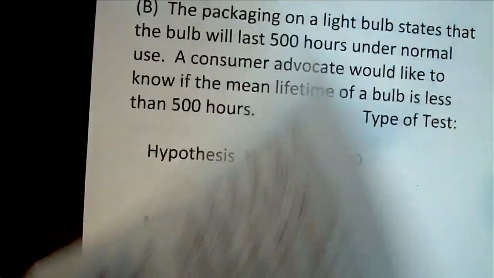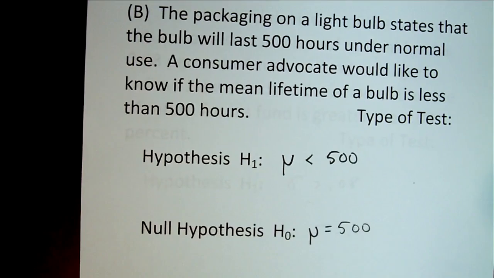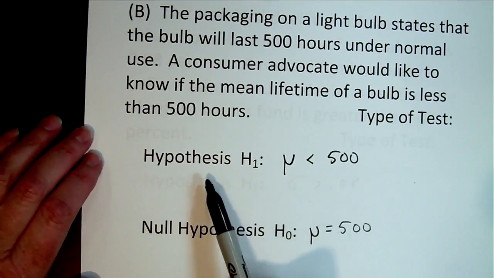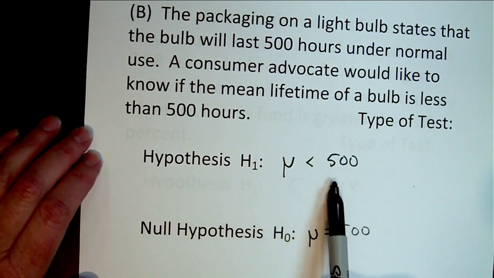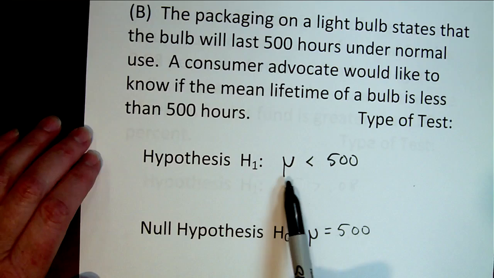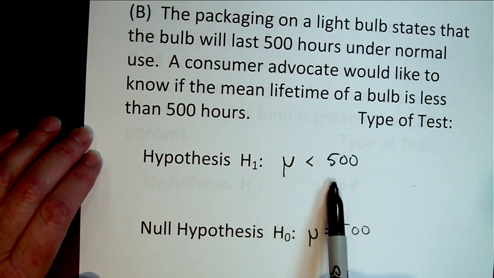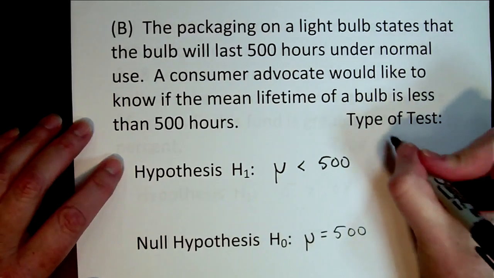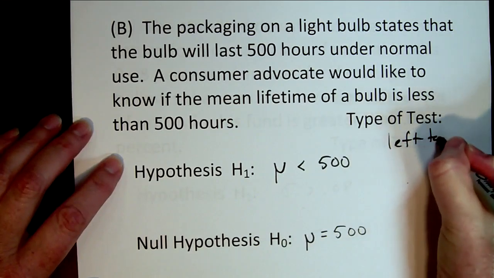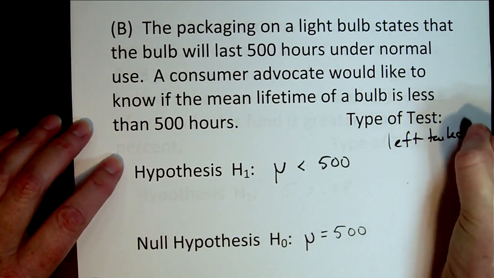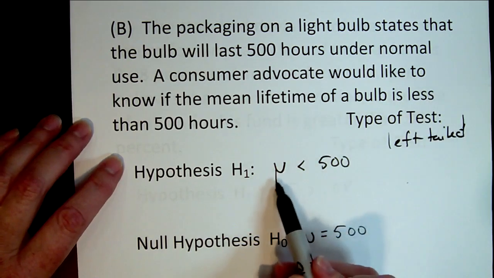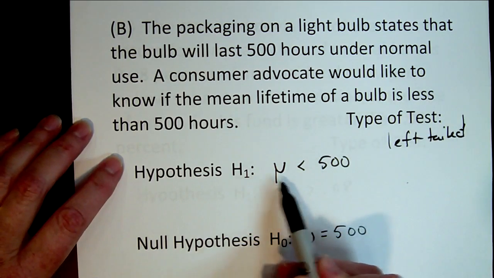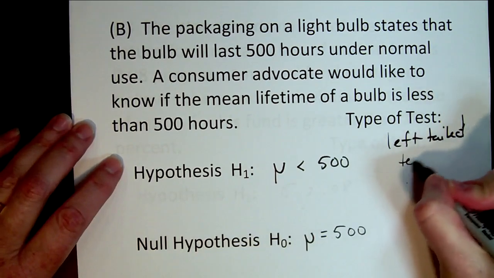In the second example, the alternate hypothesis was a statement that this parameter, mu, the mean, was less than some number. So that's a left-tailed test, because looking for things that are less means you're looking for things to the left.